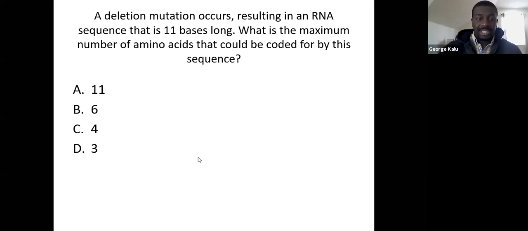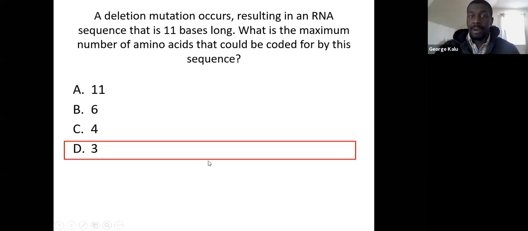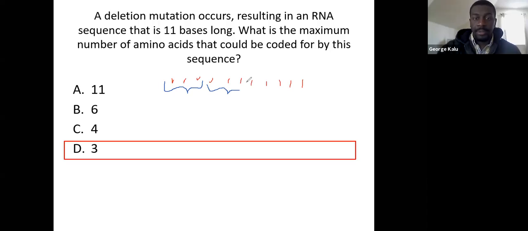Perfect. So we're only going to be able to form a maximum of 3. The reason for that is, if you're starting with 1, 2, 3, 4, 5, 6, 7, 8, 9, 10, 11 nucleotides, now we start to look for our codons. Here we have 1 codon, 1 group of 3. Here you have a second codon, another group of 3.